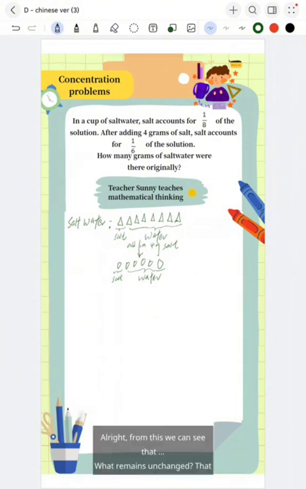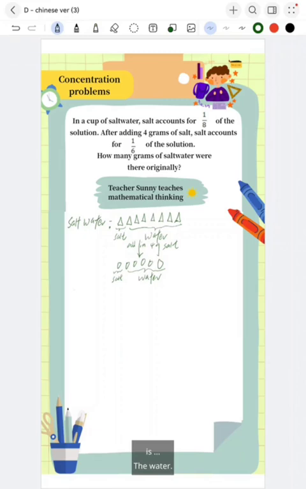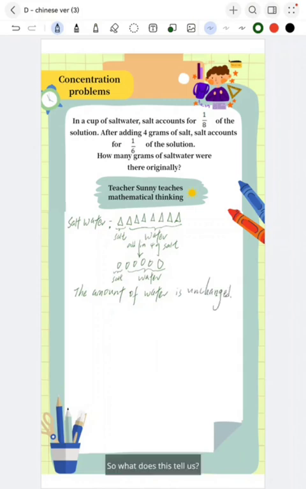Alright, from this we can see that what remains unchanged is the water. So, the total amount of water stays the same. So what does this tell us?